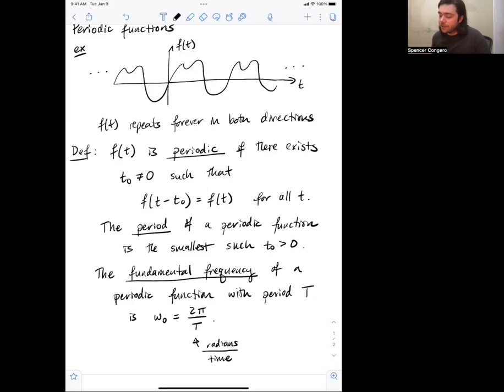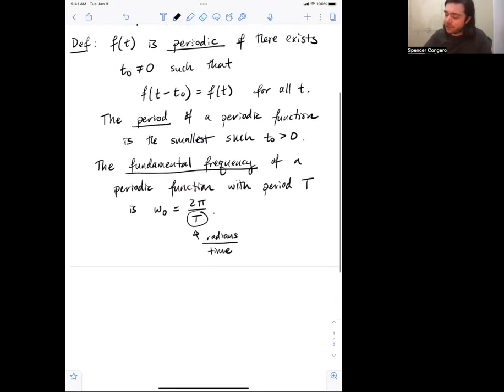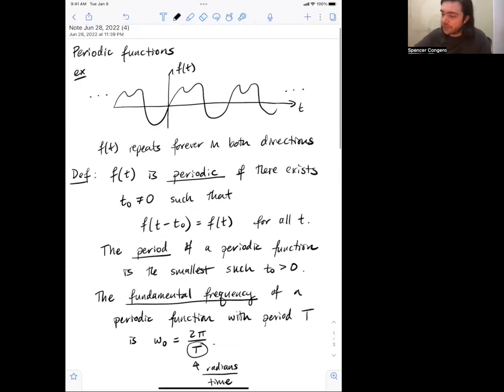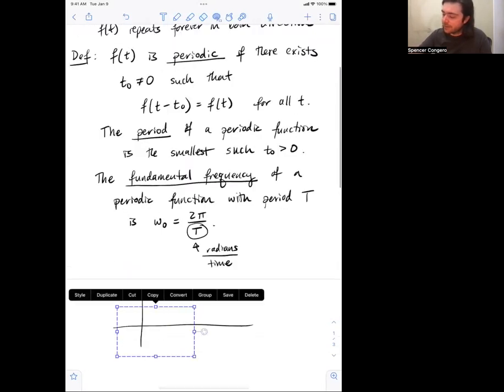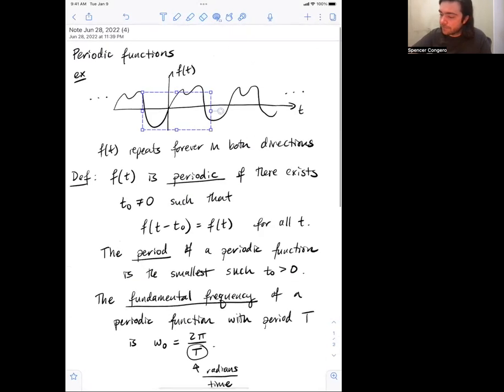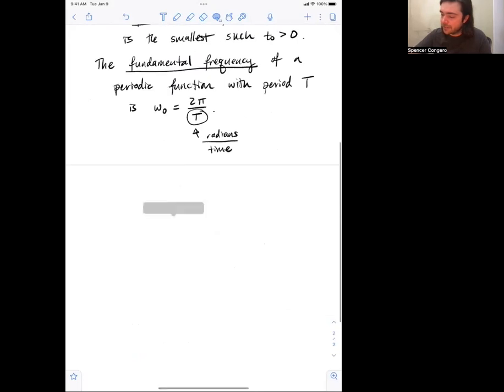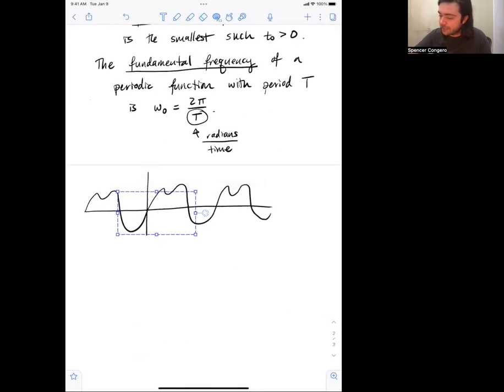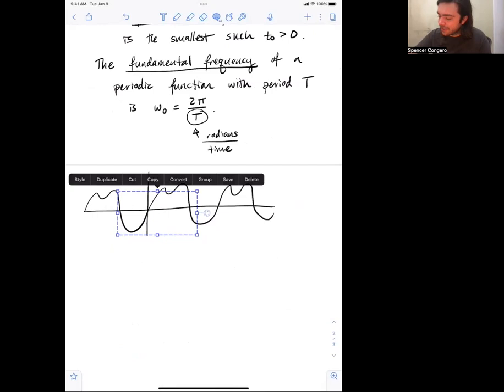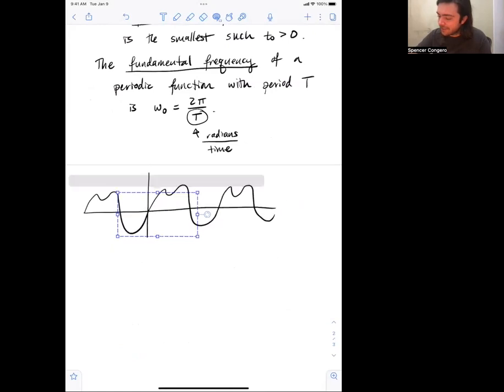Okay, so what can we take away from this? Well, I already talked about periodic and period a lot. What about fundamental frequency? Well, this equation should make a lot of sense because let's say I start with my f of t function. What happens if I make the period of it larger? So maybe I take this function up here. Here, I'll even copy it. The wonders of the modern age tablet. And shoot, I didn't want it to scale everything.